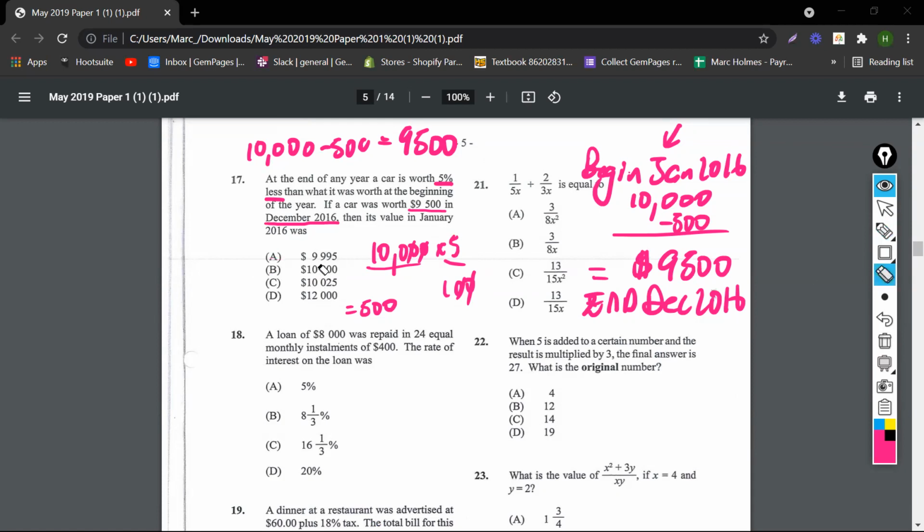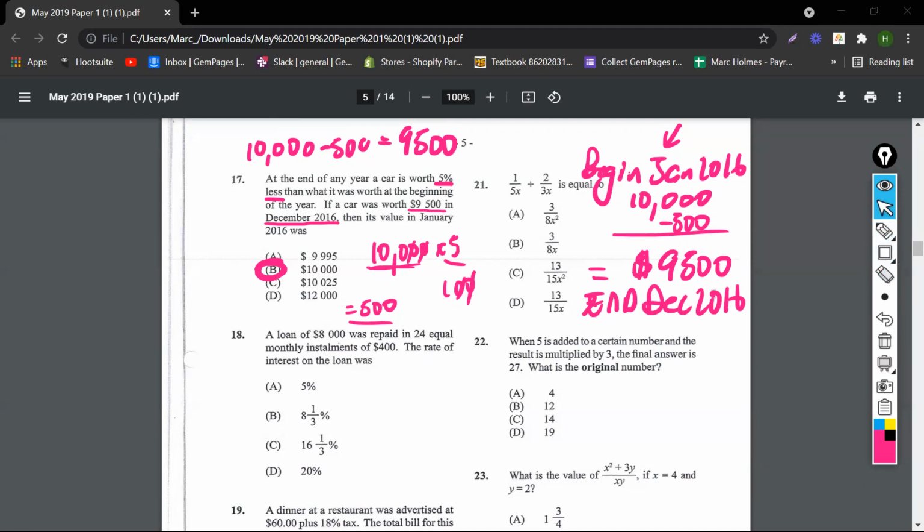If you try any other one, meaning C, and you multiply 5% of it, you're not going to get 500 and you're not going to get 9,500 when you subtract. So the only one that makes sense is B. Cool.